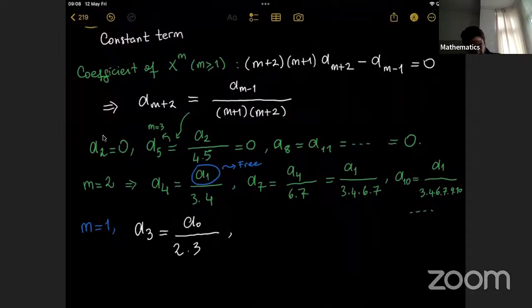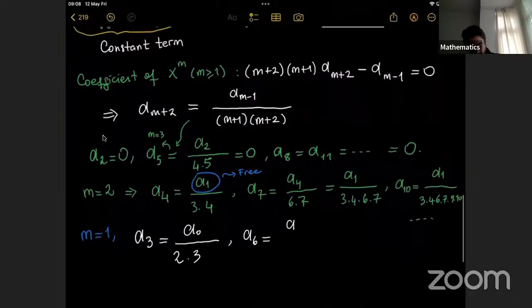What about A6? A6 is equal to, again, with the same relation, M is equal to 4 now. A3 over 5 times 6, where A3 is A0 over 2 times 3.